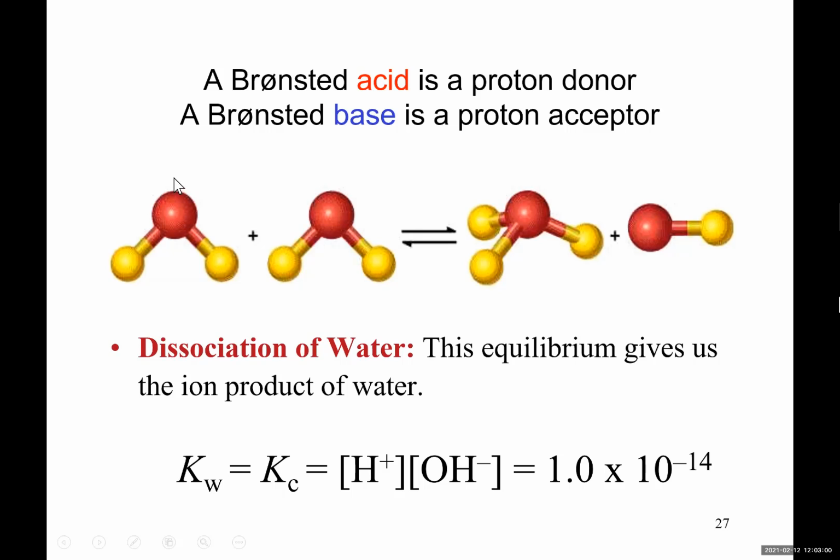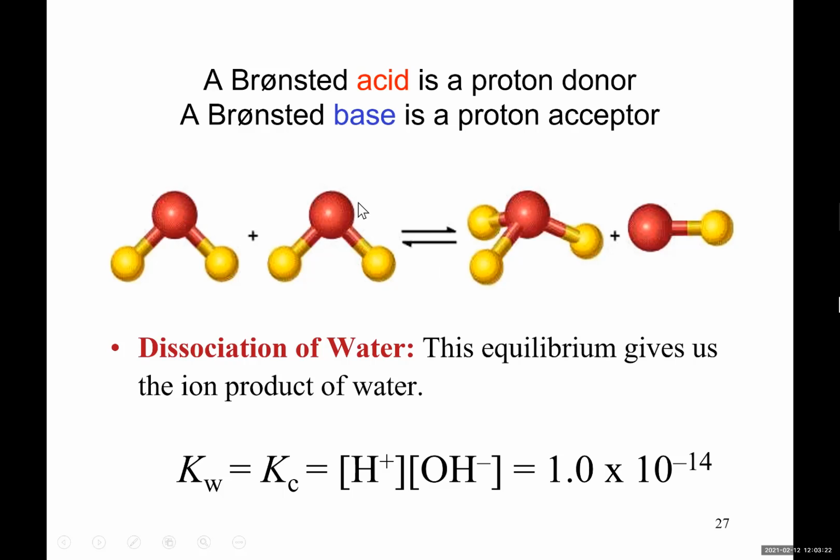So if you look at this reaction, red is oxygen, yellows are hydrogen. This is a water molecule reacting with another water molecule. As you see, this first molecule is accepting a hydrogen ion from the second water molecule. So it's making H3O plus.